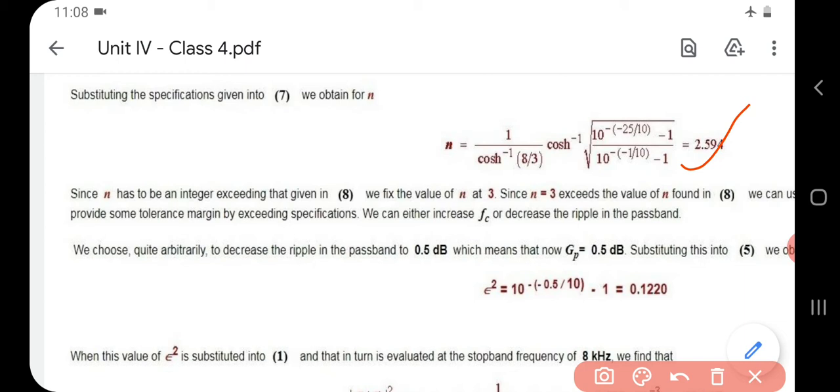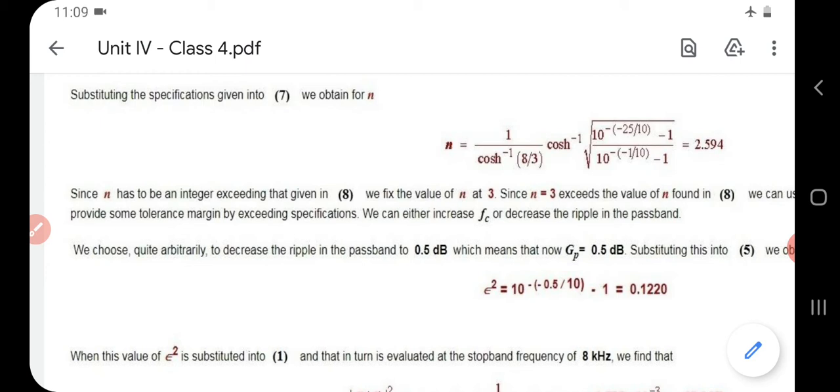So the order of the filter required is 3, but in order to decrease the ripple in the pass band, here we got the order as 3. Then another expression, we have to find the value of epsilon square, whose formula is already discussed, and its value is equal to 10 raised to minus Gp. It is there in the formula above.